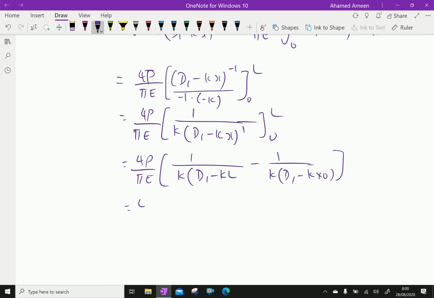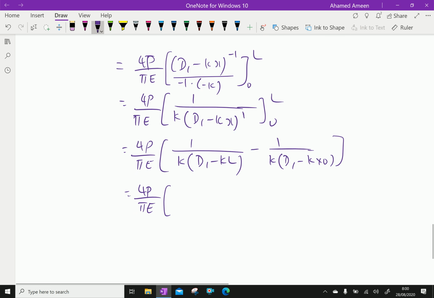That is equal to 4P by pi E, 1 over k (D1 minus kL) minus 1 over k D1.